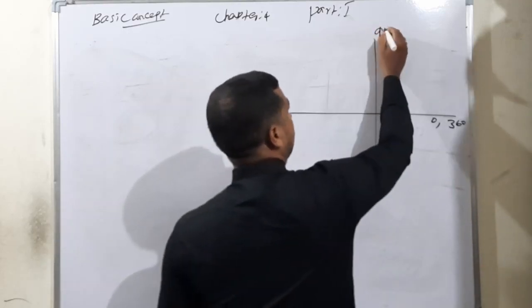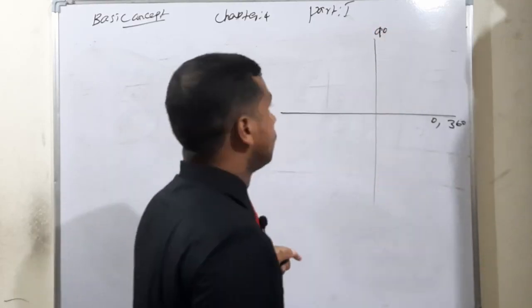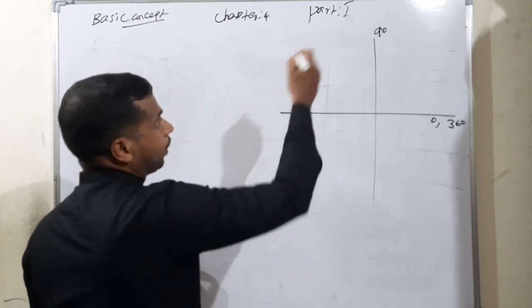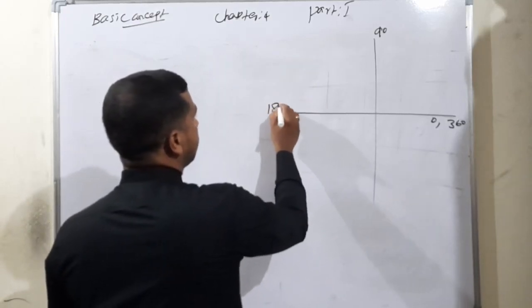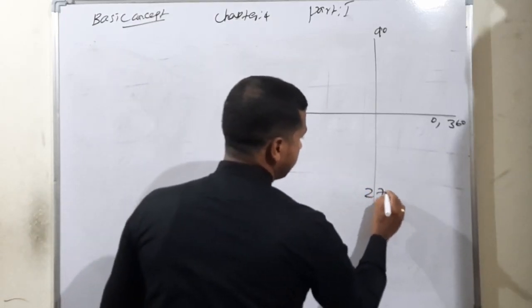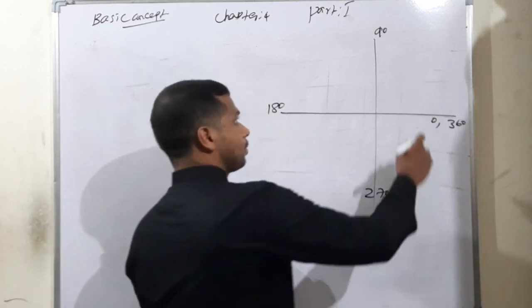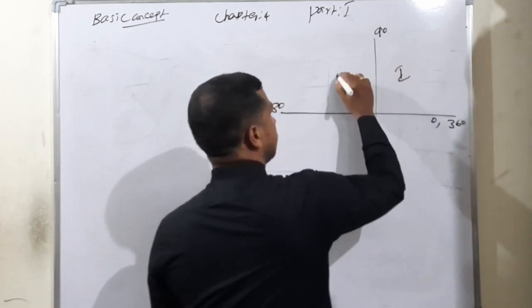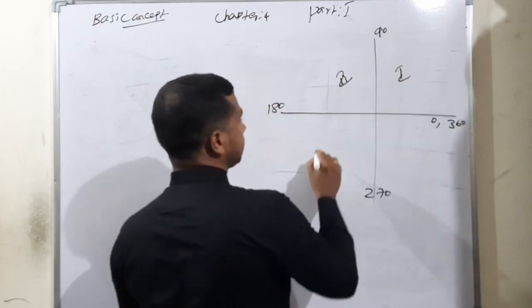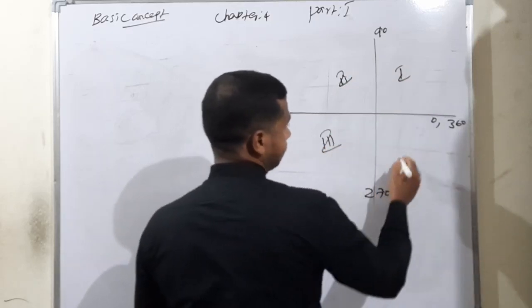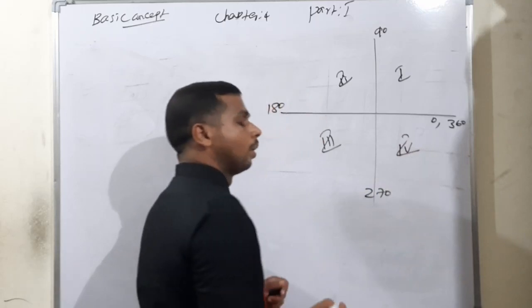Then this is called 90, pi by 2, and 3 pi by 2, it is moving on like that. So this is 90, this is called 180, this is called 270. So this is the first quadrant, this is second, this is third, this is called the fourth quadrant.